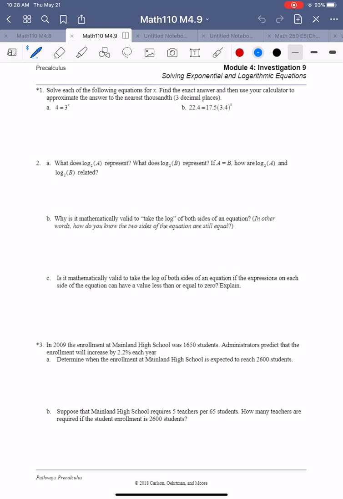To change to logarithmic form, you need to solve for x from the exponent, so the log represents x, the base 3 log of 4.